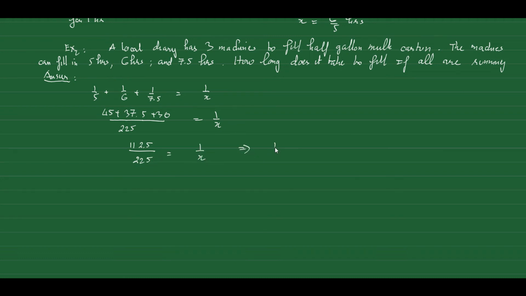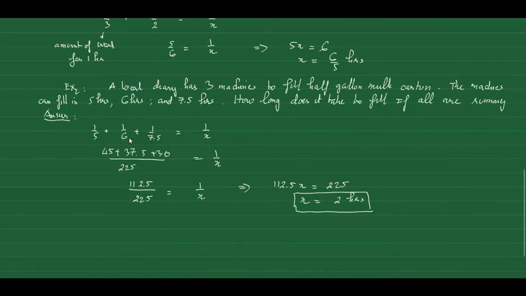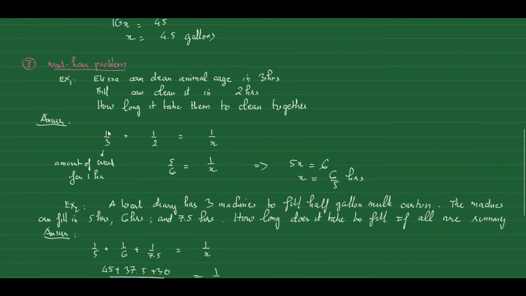So I can get x. x equals 2 hours. So it's kind of the same as last time. It's just 3 machines, and this is 2 people, but the way you set it up is the same. So that is the second problem.